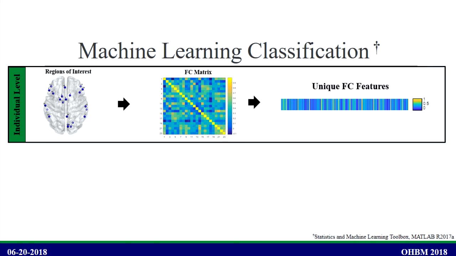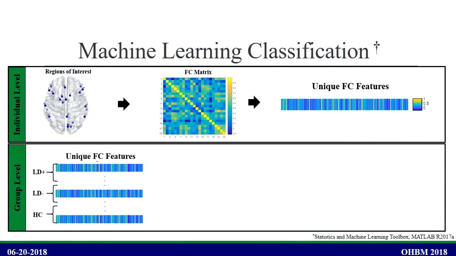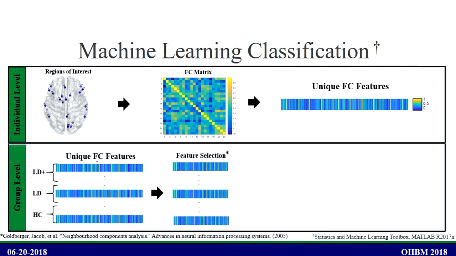And we repeat this for all the subjects. Once we have aggregated this data for each of the groups of our interest, again, LD plus was stroke group with subclinical language deficit, LD minus was stroke group without subclinical language deficit, and HC was the healthy control group. Once we have gathered all the features for each of those groups, we perform a feature selection method to reduce the number of dimensions of features that we might have.